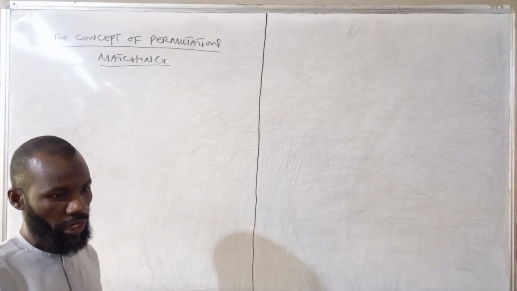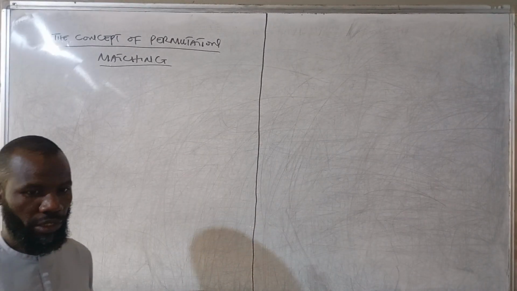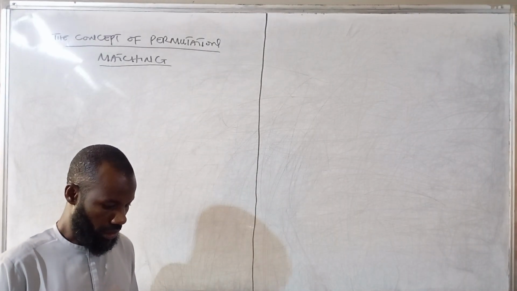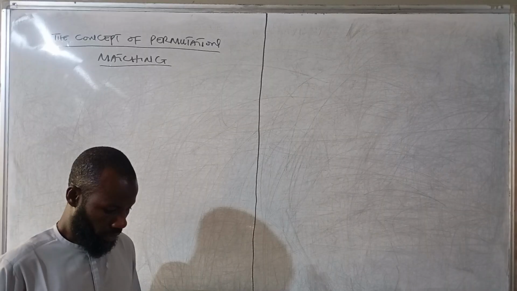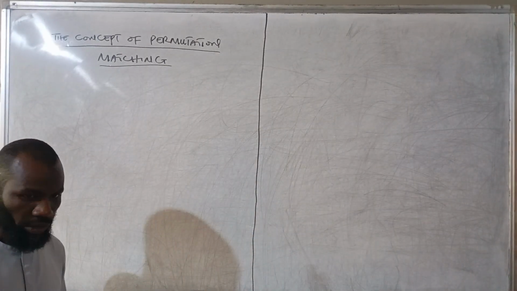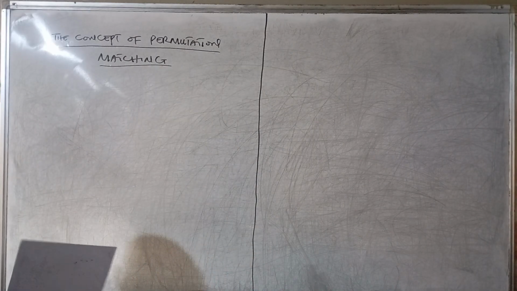So what I'm going to do now is to just tell you what a permutation matching is, as introduced by Higgins, and then we will also say something a little about some classes of semigroup with regard to permutation matching.